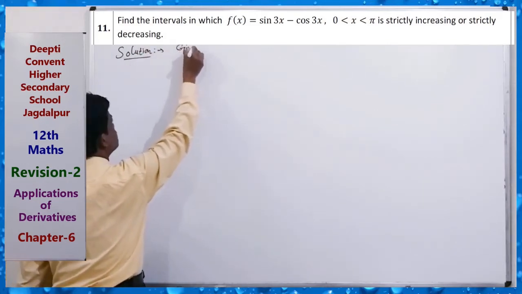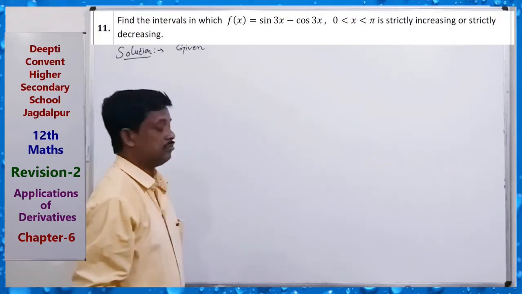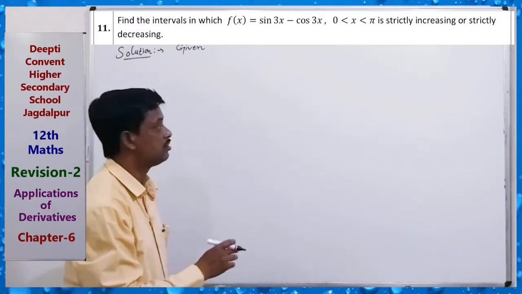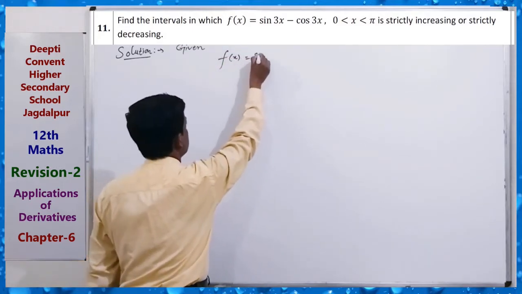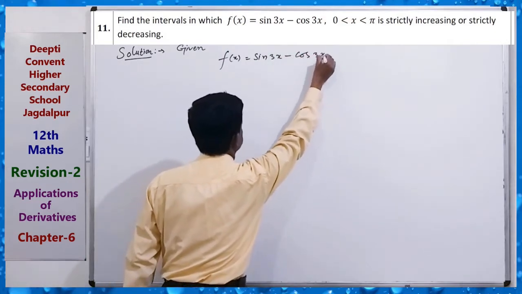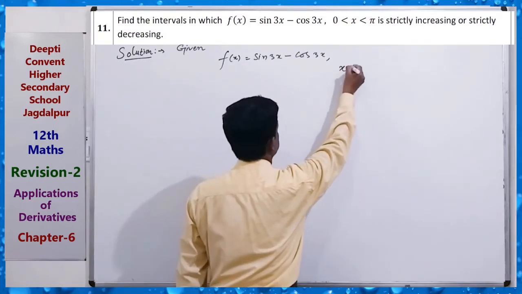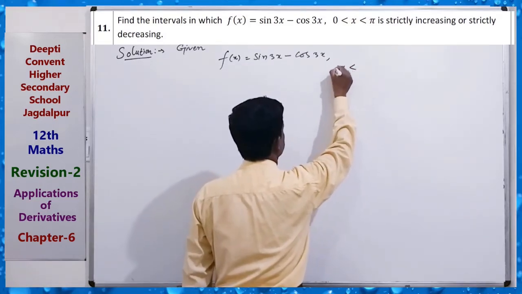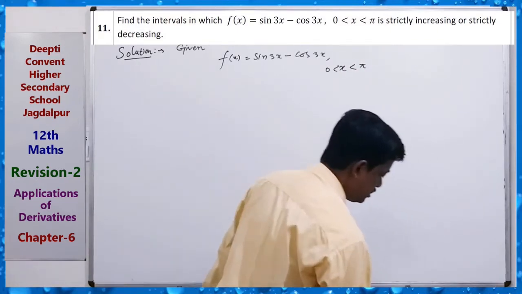The given function is, because this is a revision class, I will write in very short. So given f(x) equals sin 3x minus cos 3x, where x lies between 0 to pi.